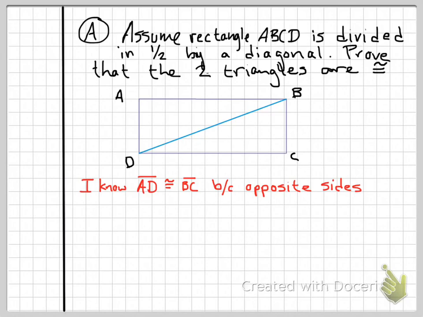Opposite sides of a rectangle have the same length. So that's the first thing that I know, and I'm going to go ahead and mark that on my diagram. AD and BC are congruent.